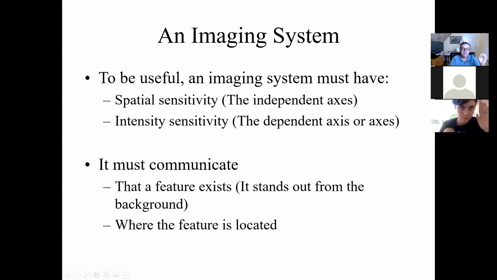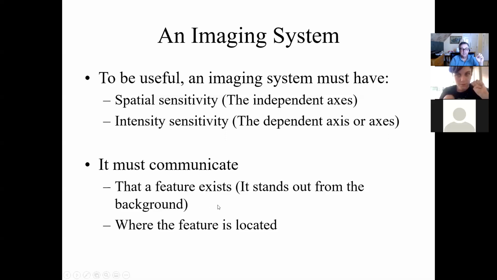So the feature has to communicate that it is there and that it stands out from the background, and it has to communicate where it is, because that's the point of imaging, to be able to see where things are relative to other things. Some of the measures that we use in talking about imaging systems address those issues directly.